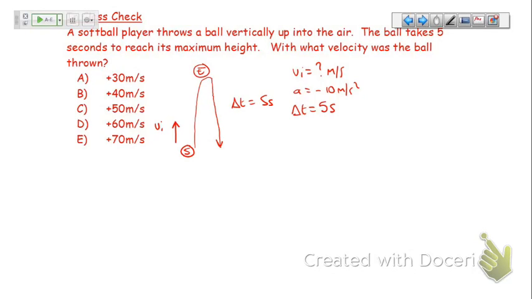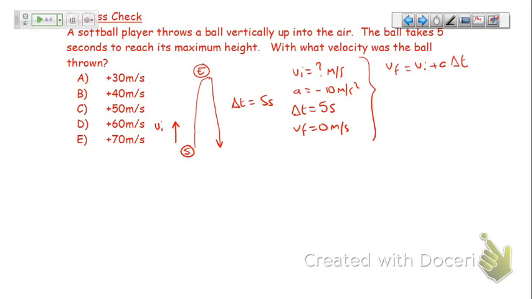Conceptually, I know at the maximum height the ball stops going upwards and starts coming downwards. So VF would equal 0 meters per second. So now I'm back with VF equals VI plus AT. It does come up often, but not exclusively.